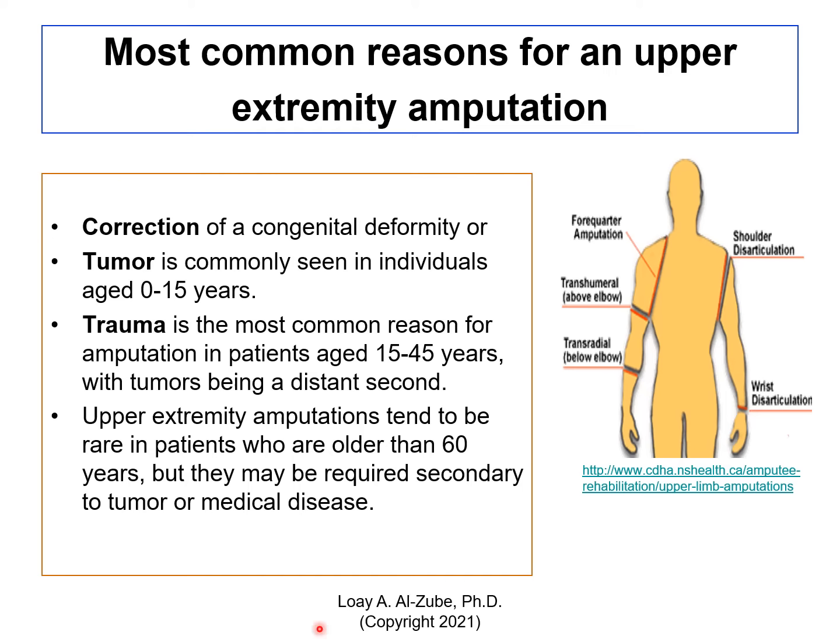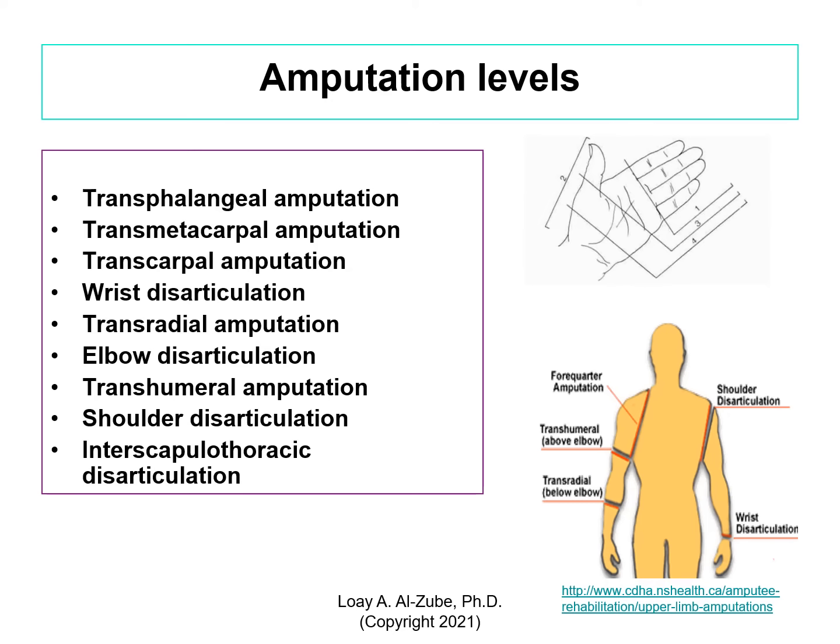And if you remember, we talked about the types of amputations, very important. So if we say transphalangeal amputation, I think transphalangeal amputation is the one that is with the fingers right here, because those are phalanges, right? And if you have transmetacarpal amputation, that means that you have an amputation, but the thumb is there. And if you have transcarpal amputation, the thumb is gone.